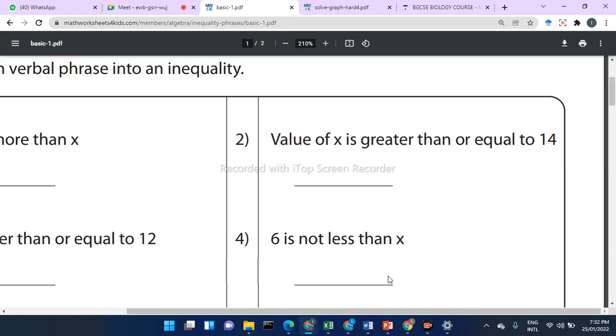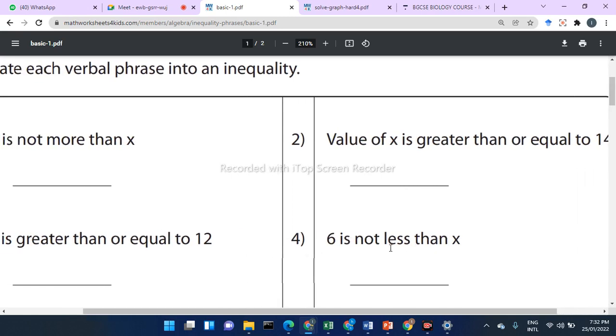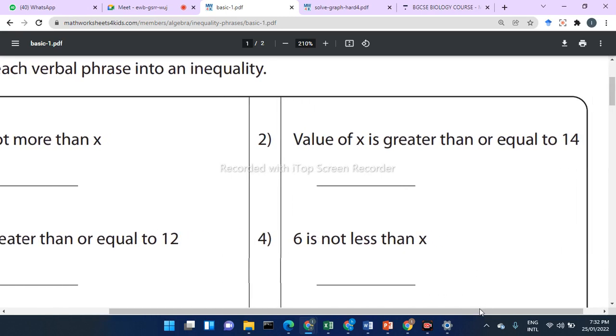Anyone? Put x and then the greater than or equal sign with 14. Yes, x is greater than or equal to 14. So value of x is greater than or equal to 14. That's how we write that down.